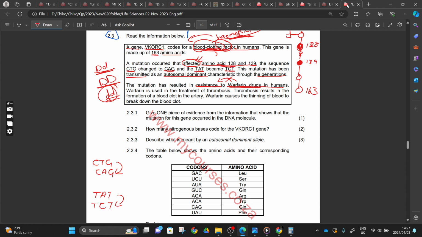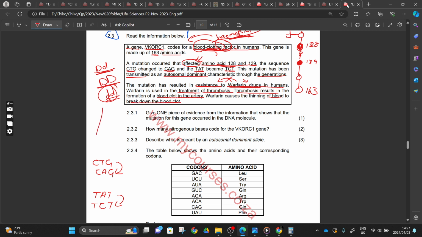And what is the reason for taking this warfarin drug? Warfarin is used in the treatment of thrombosis. Thrombosis results in the formation of blood clots in the artery. And warfarin causes the thinning of blood to break down the blood clot.